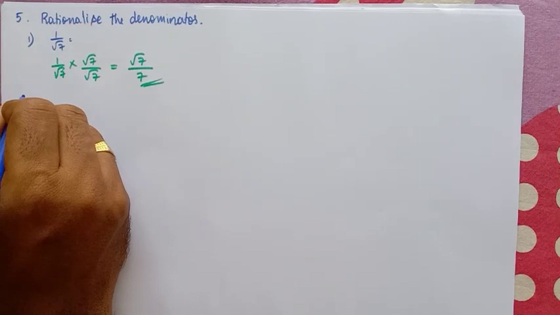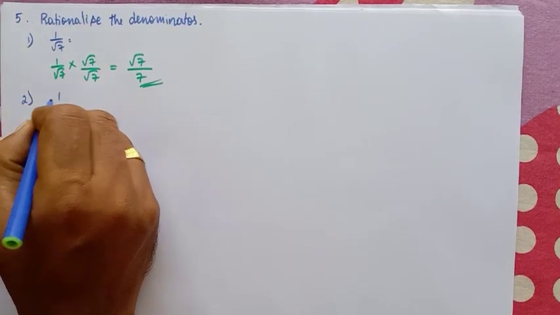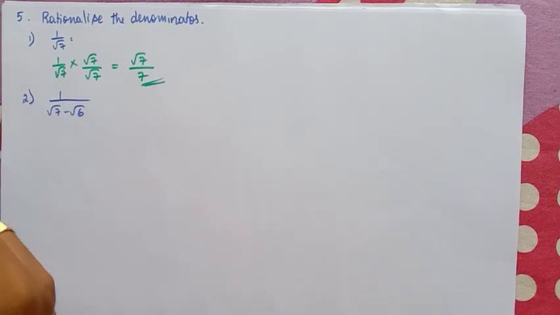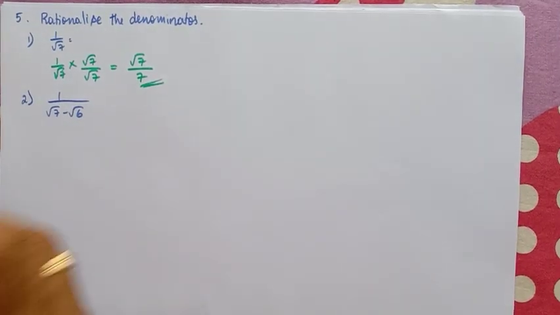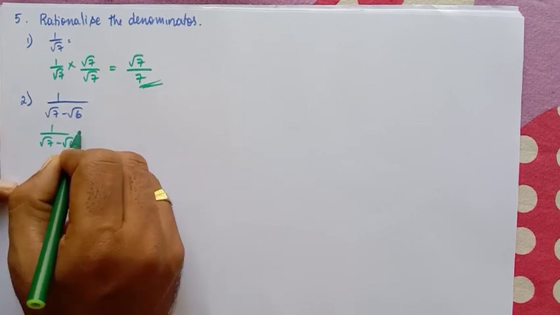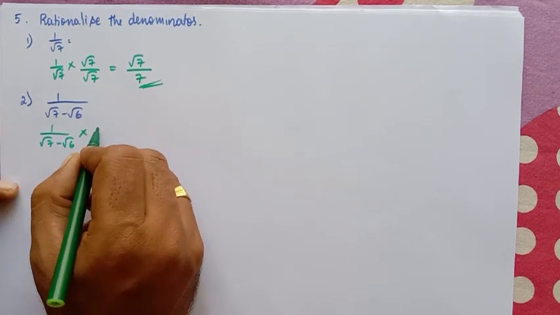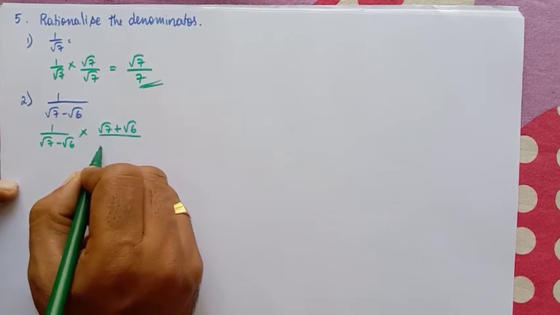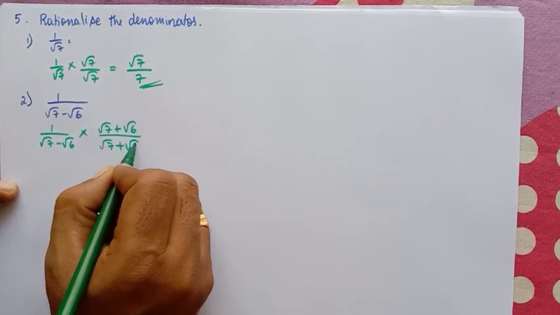Let me move on to the second problem, that is 1 by root 7 minus root 6. How to solve this one? We will multiply this with root 7 plus root 6 by root 7 plus root 6.